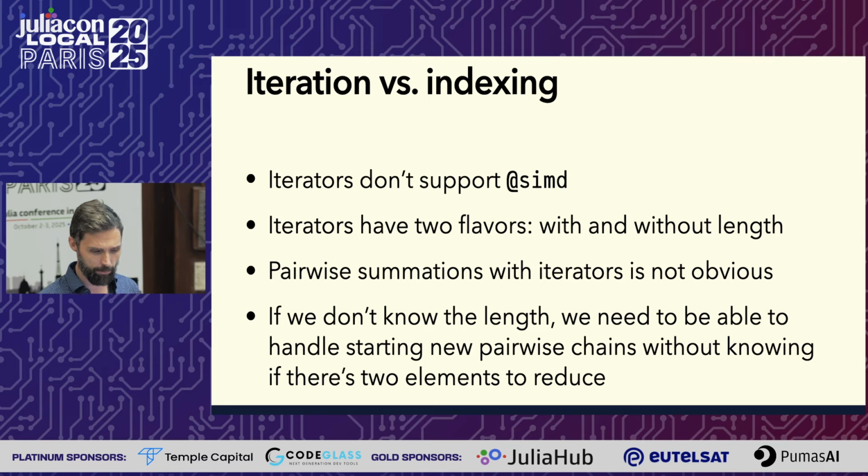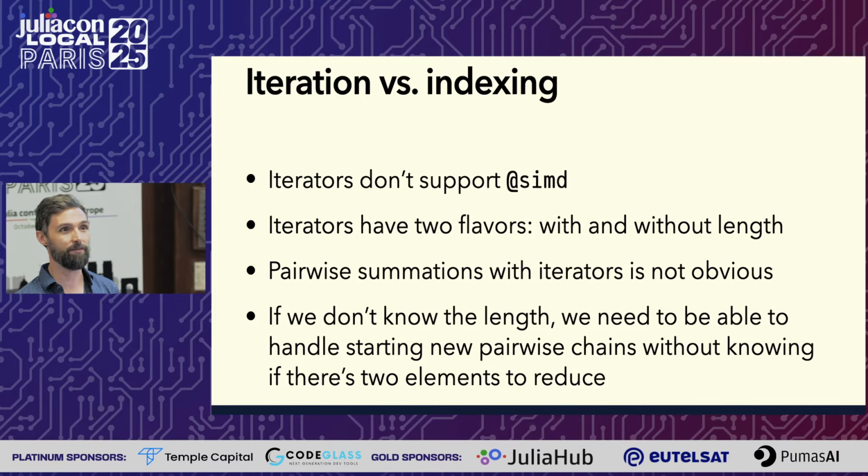You don't need random access into the array to do pairwise summations, but it's a little tricky to structure your code well. And it's even harder if you don't know the length up front, because remember what I said about initialization. In some cases, you need to make sure that you'll always have two elements in your array to start the next chain of a pairwise summation.